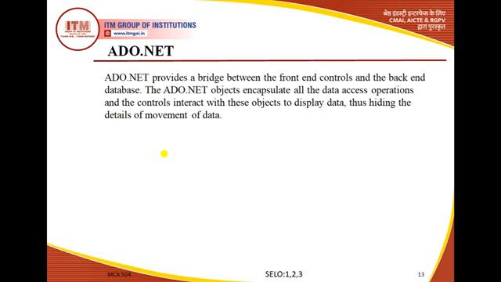How the data is moving is not something the user is bothered about. The details of the movement are hidden, and simply the encapsulation of these operations is done, that is, all the data access operations and the controls which interact with these objects to display the data. This is about ADO.NET, and it provides a bridge between the front-end controls and the back-end database.